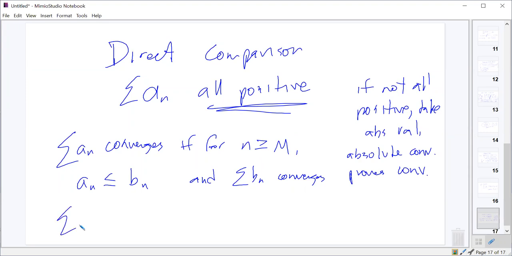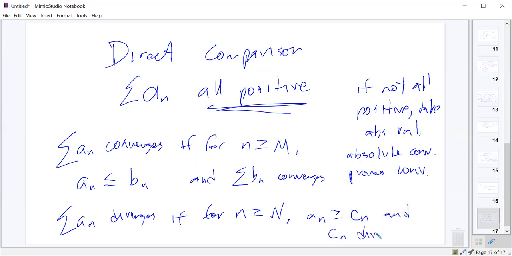And likewise, A will diverge if, for n greater than or equal to capital N this time, A sub n is greater than or equal to, we'll call it C sub n, and we know that C sub n diverges. So if the one that we're always greater than diverges, then ours diverges. If the one that we're always less than converges, ours converges.